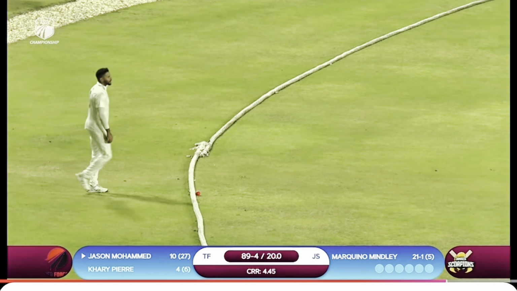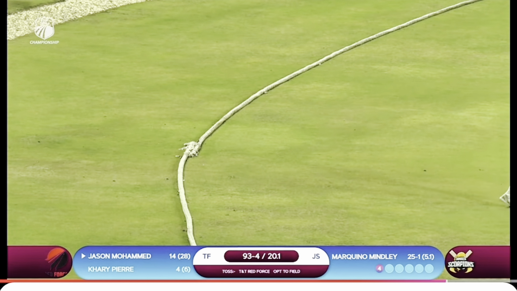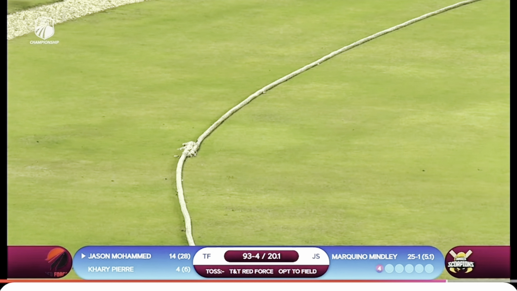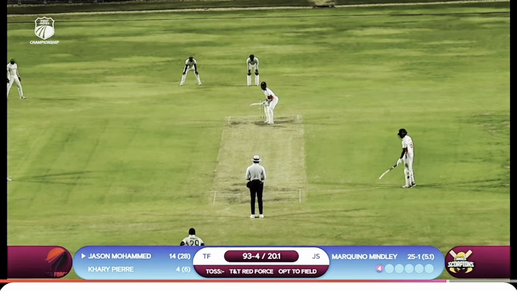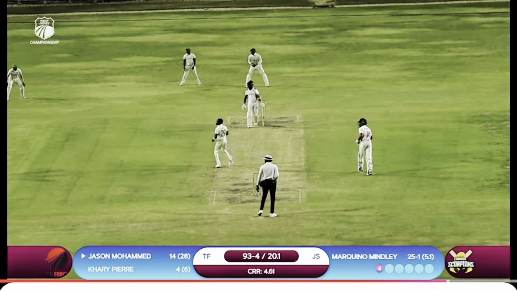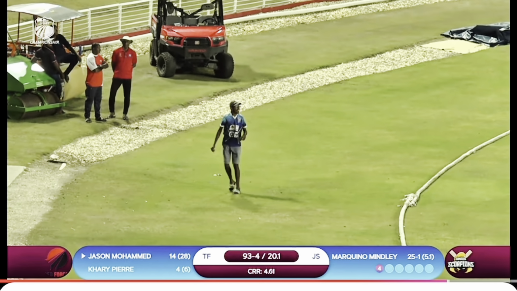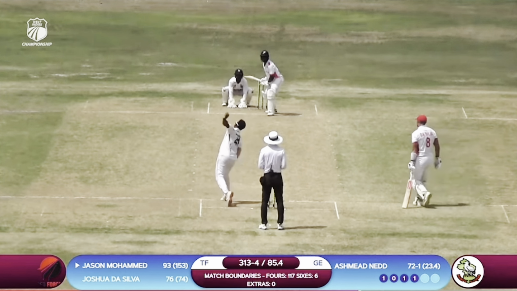I think he was interviewed by Sportsmax, and he mentioned that he's waiting to see whether or not he will be called up by West Indies. So he would have made himself available to play red ball cricket for West Indies. So let us see what will happen. I mean, the argument may be that he's maybe too old. I think he's about 38 now, right?